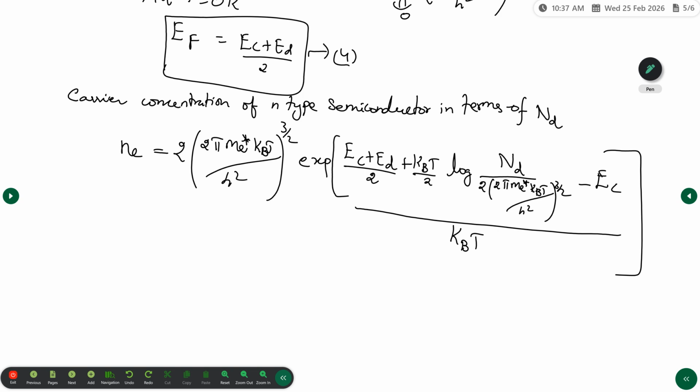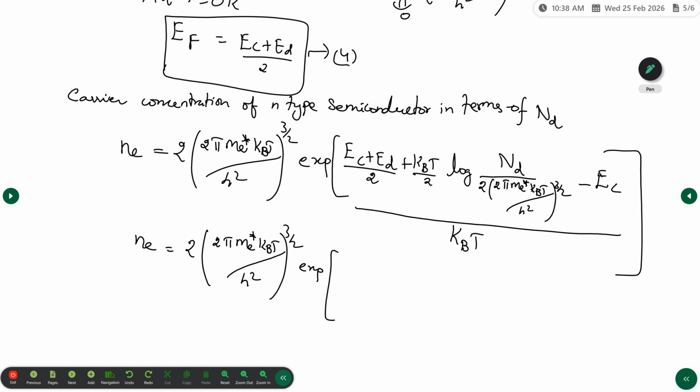So now NE is equal to 2 into (2 pi ME star kBT by h square) power 3 by 2, then exponential of (EC plus ED minus 2EC) by kBT. So EC minus 2EC, what will you get? Minus EC. So it becomes ED minus EC.